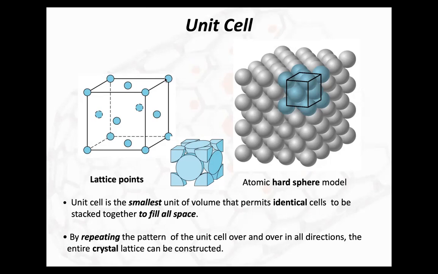So that means even if you move your unit cell in one unit this way, for example, 1 centimeter, in one direction, you must be able to transpose the other unit cell, right? You cannot see any offset in between. The distance should be equal. So that is what you call the translational symmetry.